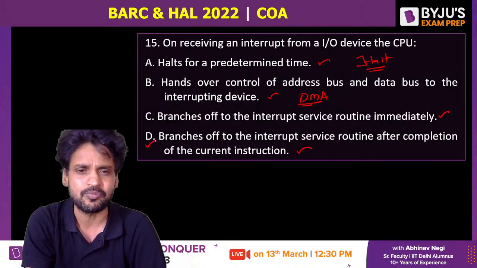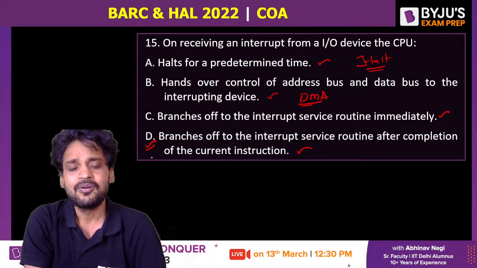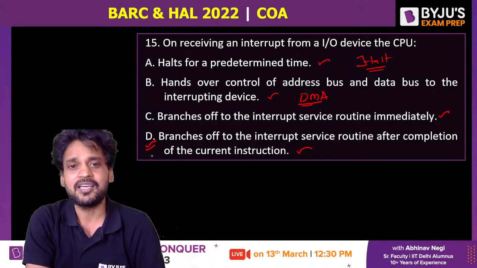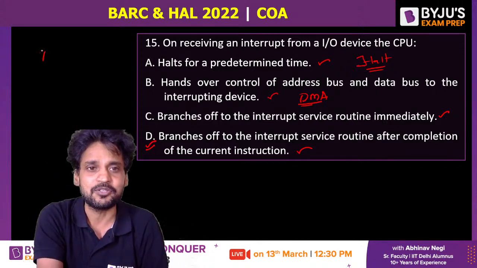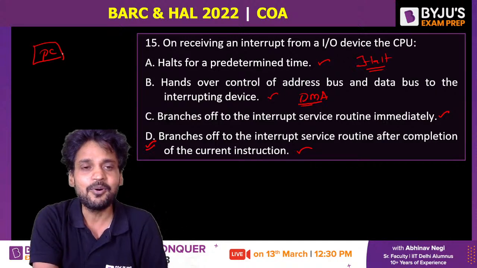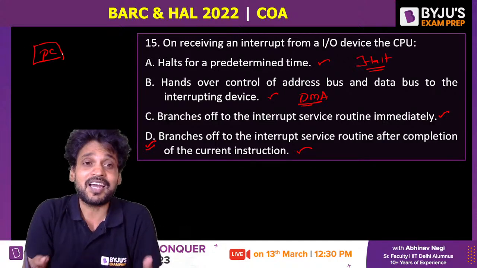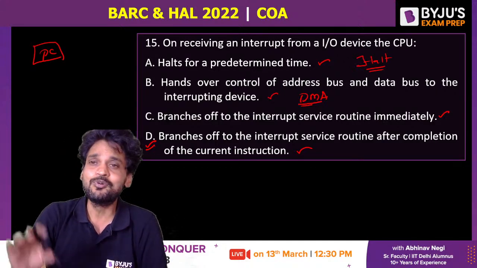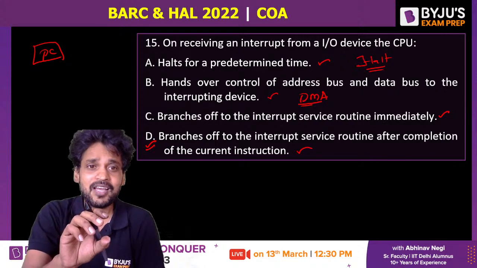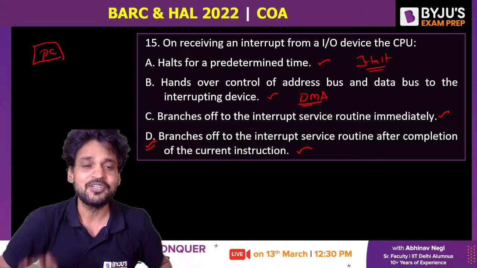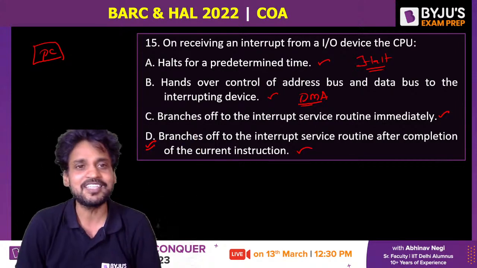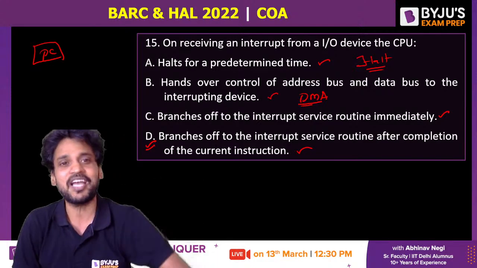I'll tell you why also. We know every CPU knows only the address of the next instruction. No CPU knows the address of the current instruction. That is the reason why the moment we fetch the instruction, its address will be erased. So there is no way for any CPU to fetch the current instruction again.